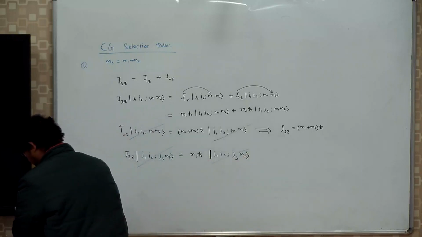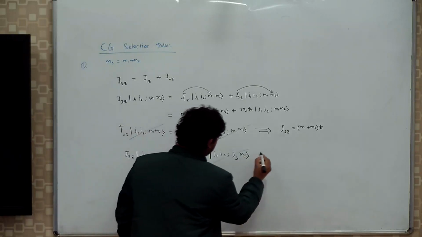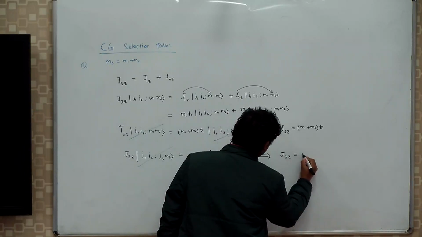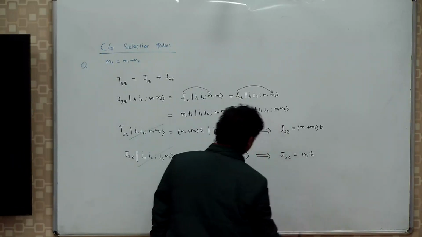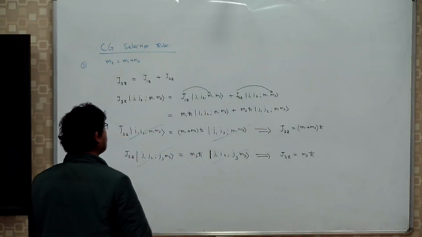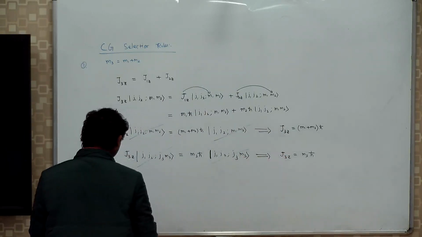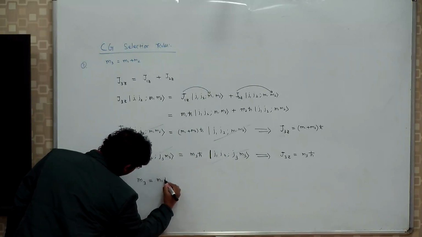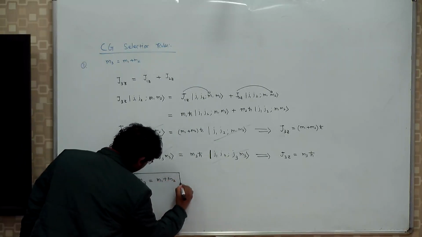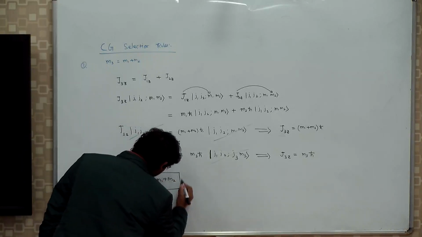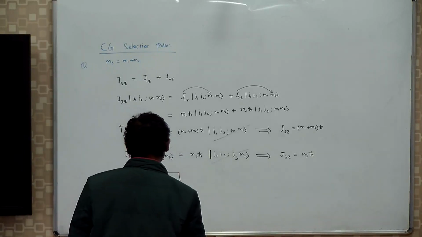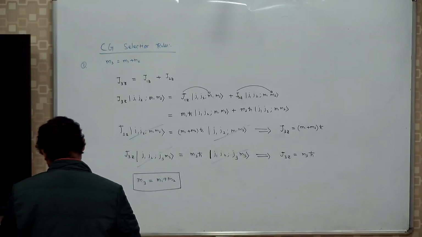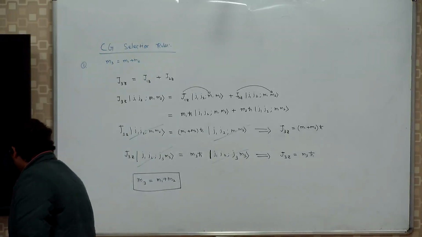So from here, J3Z is nothing but M3 ħ. If you compare these two expressions, one can easily write M3 is nothing but M1 plus M2. So this is the first selection rule for transforming a coupled basis to an uncoupled basis or vice versa.